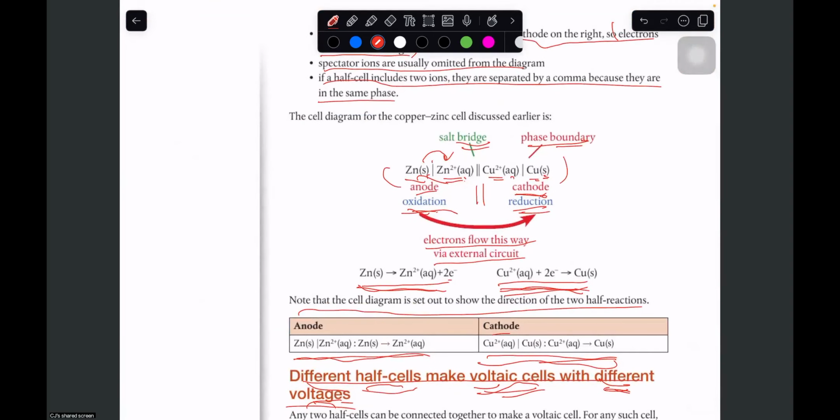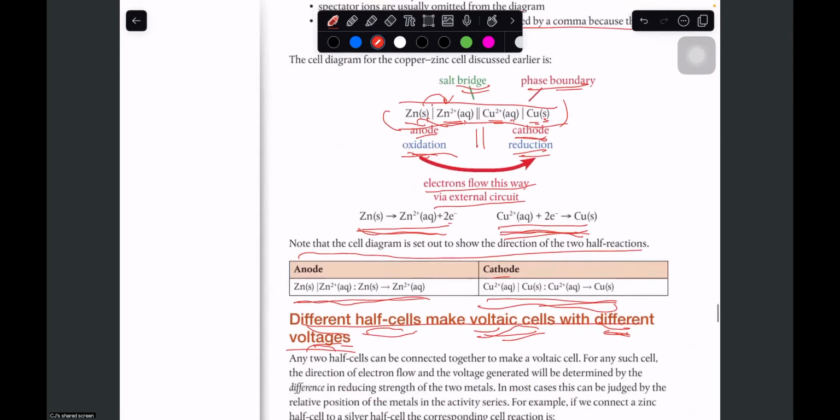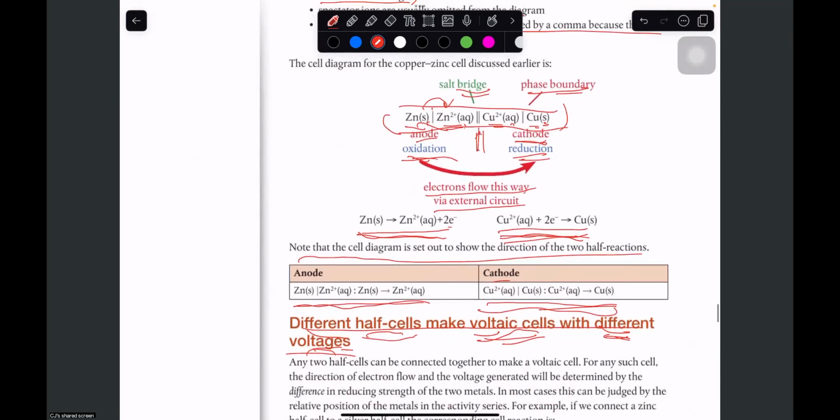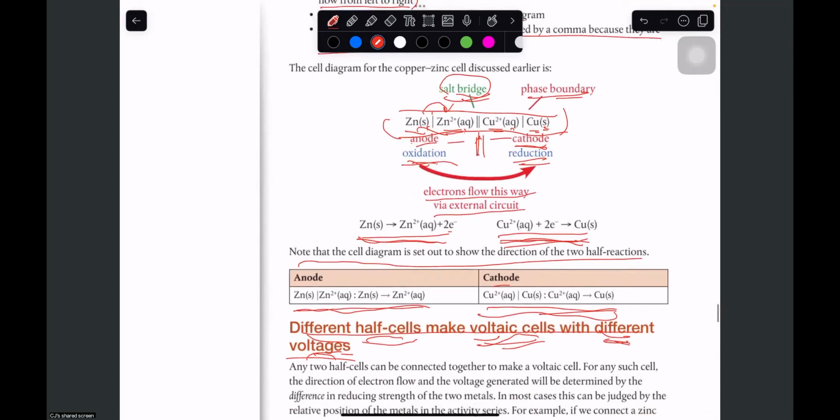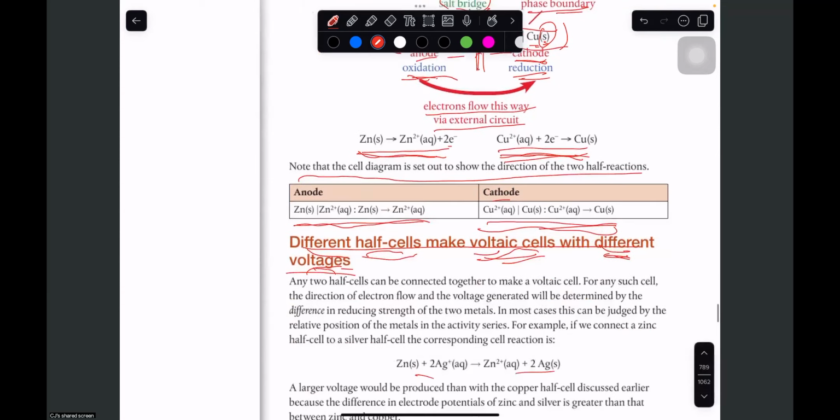And the formula can be written like this. The two half cells are connected by the salt bridge. And we need to pay attention to the states of them. We need to write the states of the electrons and the elements.